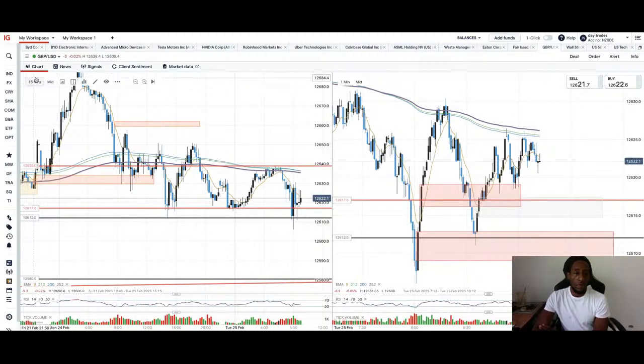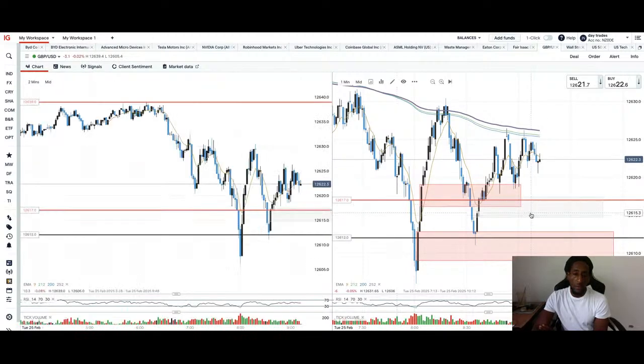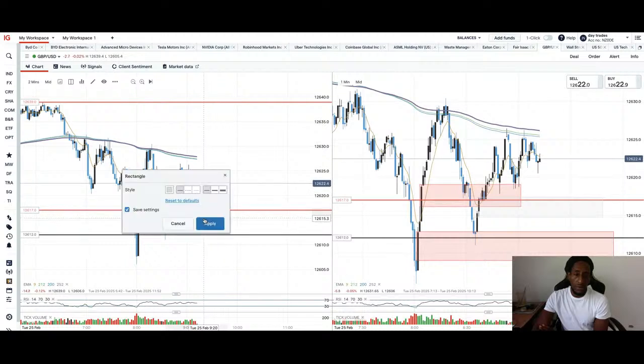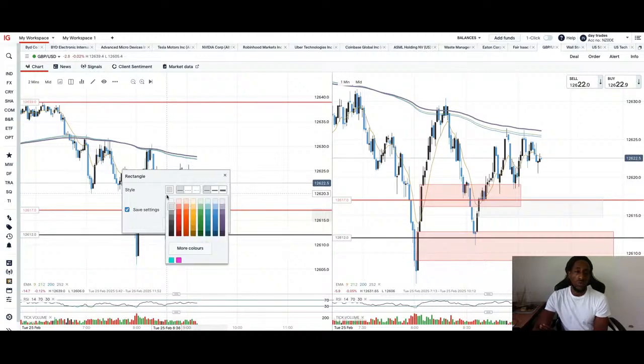We've got a 2-minute fair value gap in there, right here. Let me darken this. Where is it? This one. I usually, this is the 5-minute color really. How does this color look?